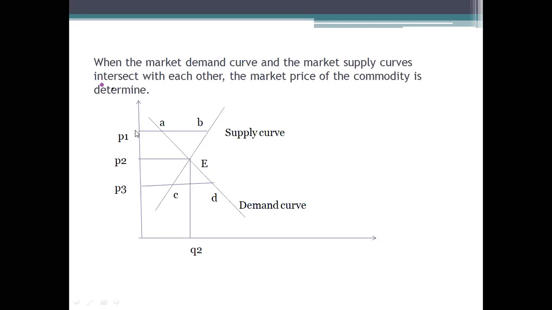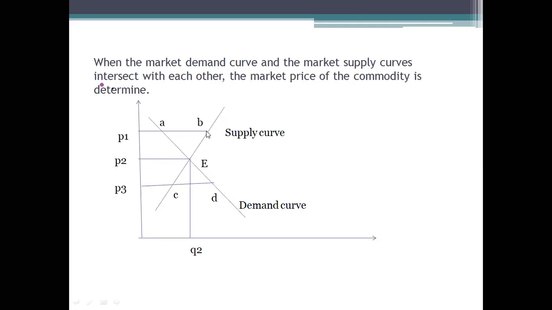We already know that if price increases, demand reduces. If price increases, does supply increase or decrease? Supply increases. At P2 supply is this much, so if price increases, supply automatically increases from this point to this point.